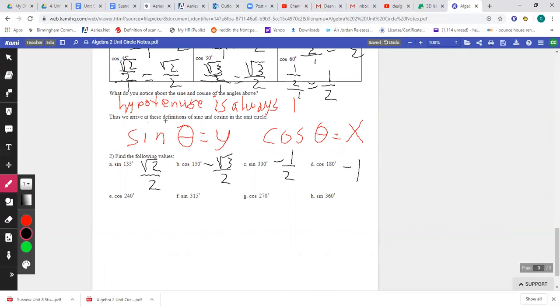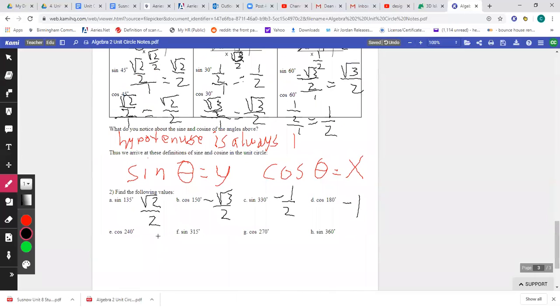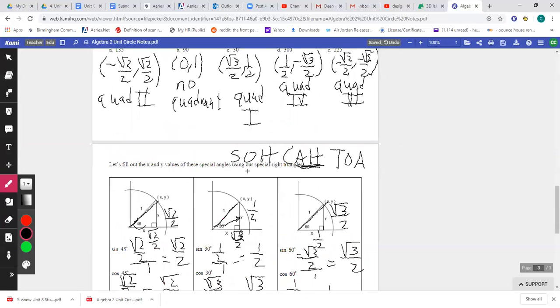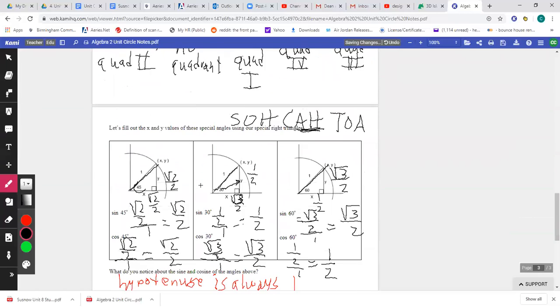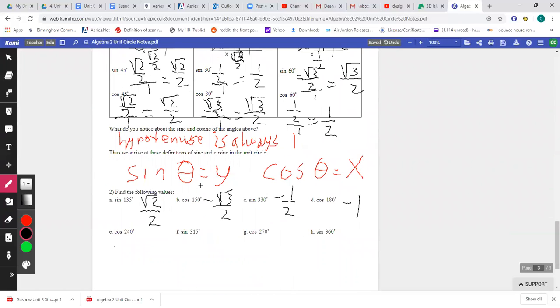And then so on and so on. I don't think I need to go through all of these, but just one more time. Letter E, cosine of 240. Cosine is x, so I just go to 240. This is the coordinate for 240, and I just have to pick the x value. And so that is negative 1/2. Okay?